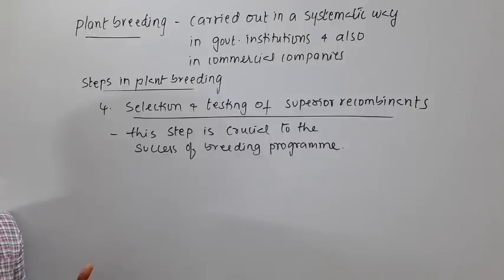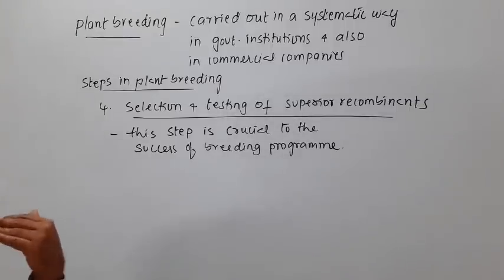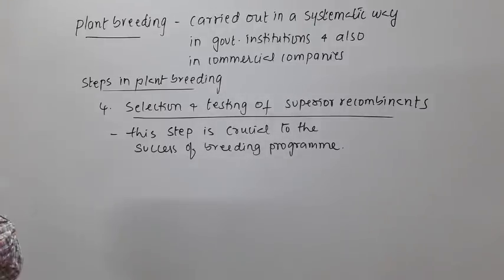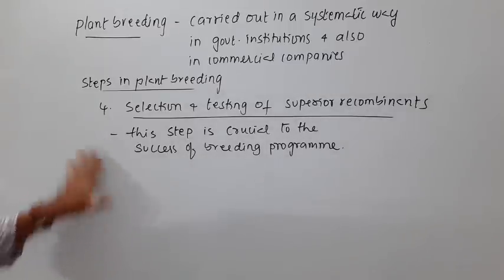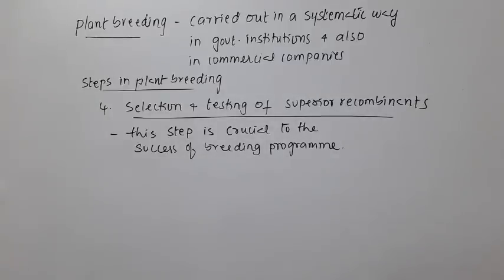We know these hybrid variety seeds are very costly. If we are able to make those plants apomictic, then there is no need of going through all this process, and the seeds may become much cheaper. But anyway, that process is still in research. Fine, we'll see this fourth step, which is very crucial to the success of this breeding program.